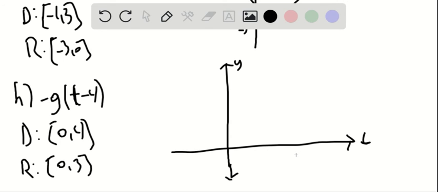The vertex is at the point 2, 3, and we come down to the origin, and then over to the point 4 on the t-axis. So again, there is negative g of t minus 4. That is a shift 4 units to the right, and then a reflection about the t-axis, and then we are done. All right, take care.